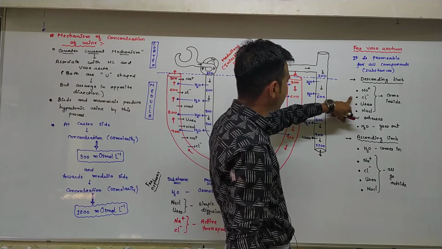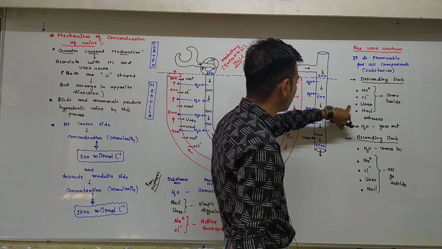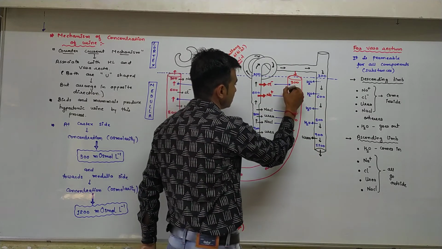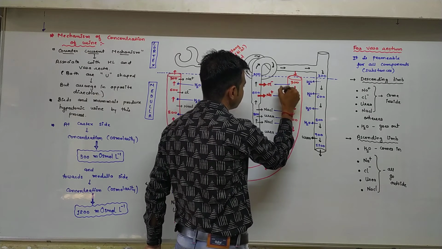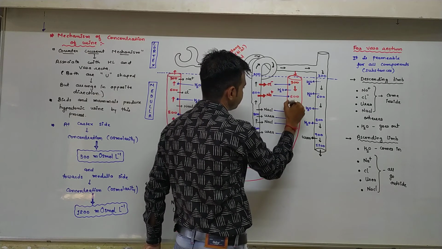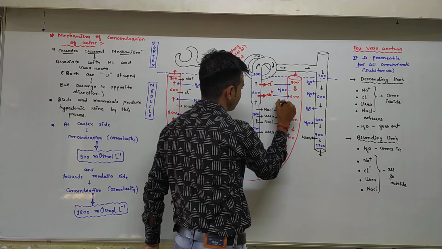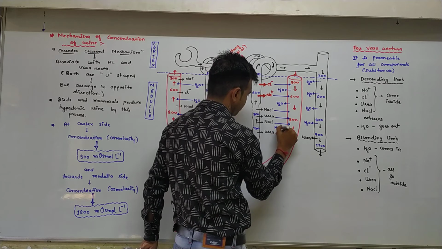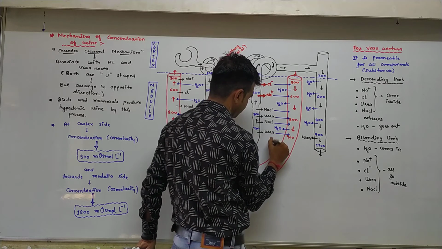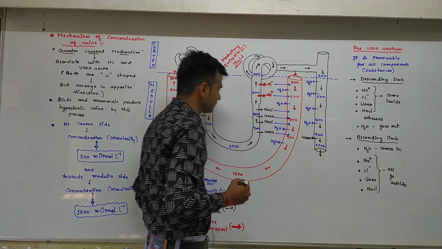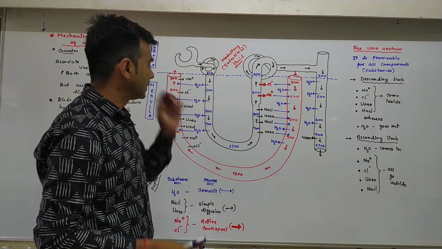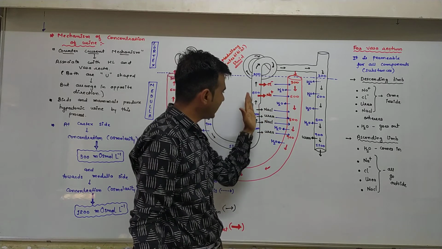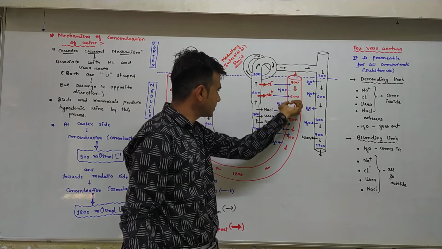So Na plus, Cl minus, NaCl, urea all come inside, as well as water goes out. So here I can write the water.